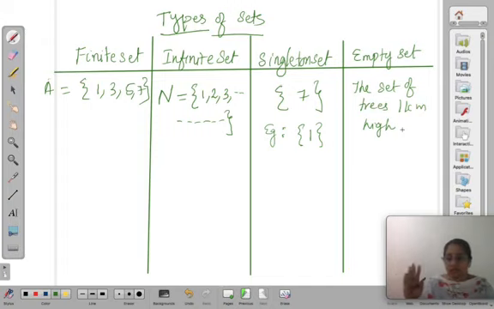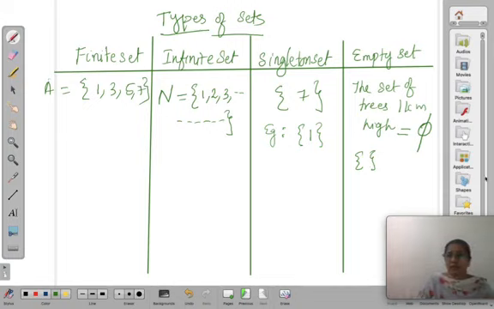Width and height both are impossible, 1 kilometer is not possible. So that time we can say that type of sets are empty, and empty is represented using the symbol phi. Or you can simply write two curly brackets without a member. So that set is called an empty set. Clear? Okay, then empty set I told. Then anything left?